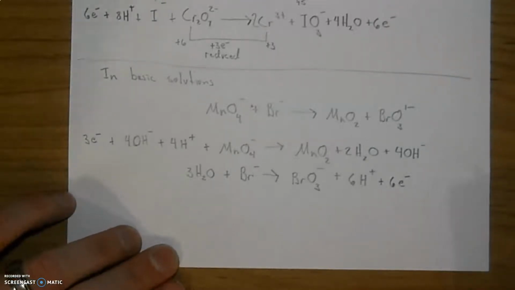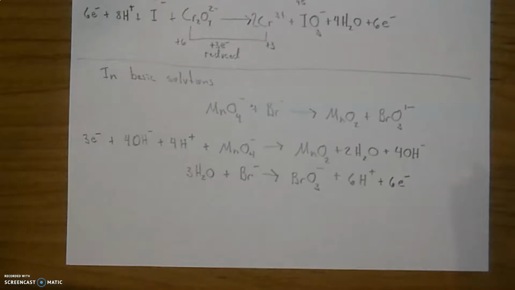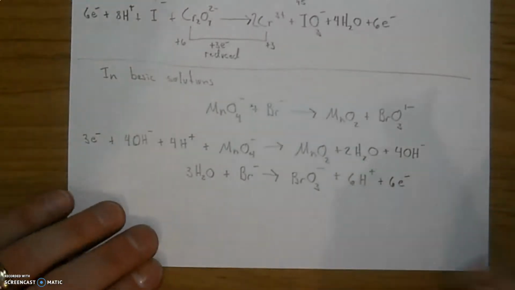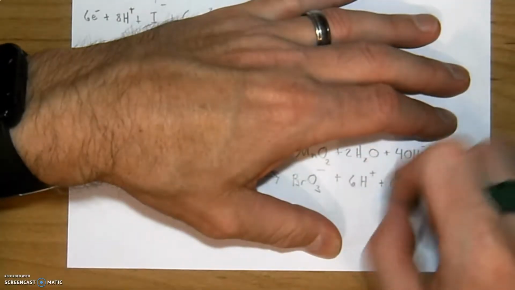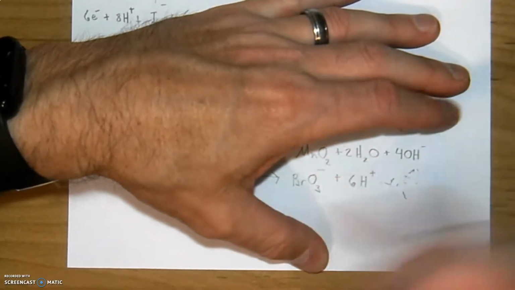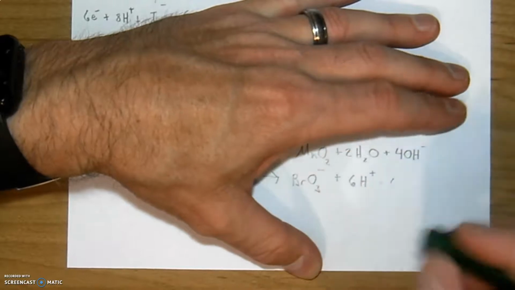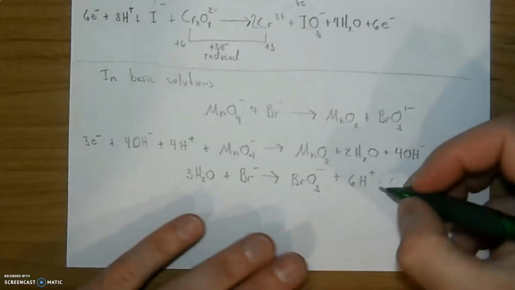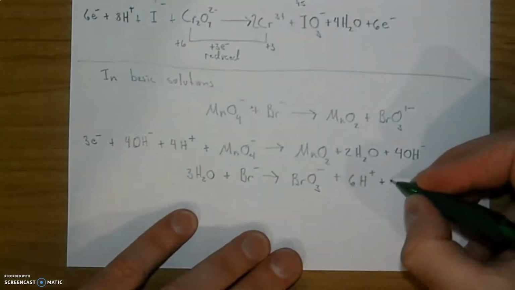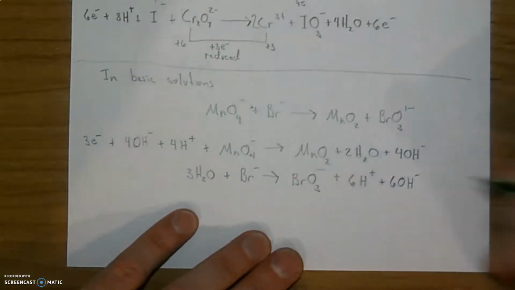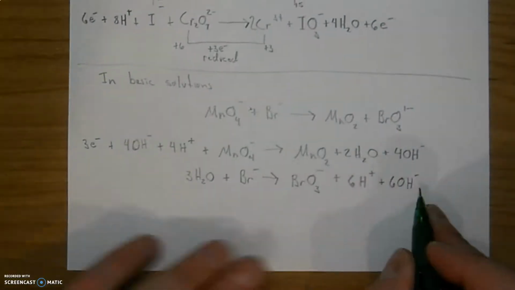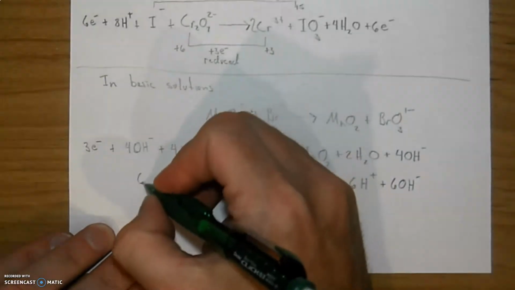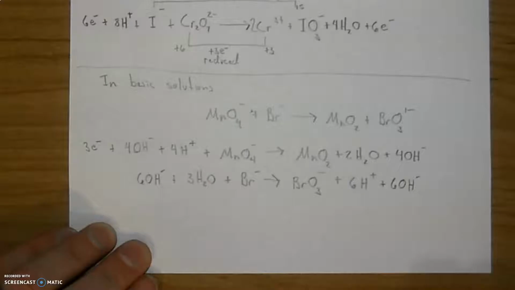There we have it. All right, so now I need to balance this whole thing out. Oh, shoot, I forgot something. If only we were in class, you could yell at me. Let me hold off on the electron things for a second, and I'll fix this. Okay, so this needs to be in a basic solution. So, okay, I added those here, add those here, and that part's fine.